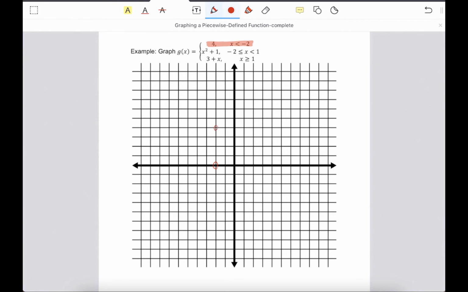I'll put an open circle since it's x is less than -2, and all the points to the left of that, x less than -2, those are all equal to 4. 4, 4, 4, and so on. That's a horizontal line. So we draw that. And we finish that piece of our piecewise defined function.